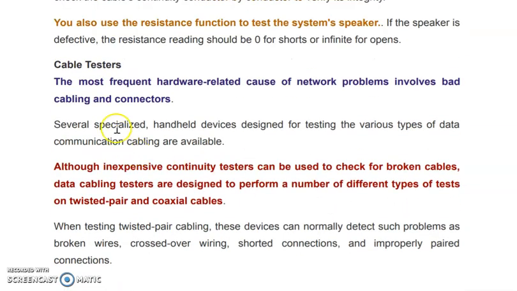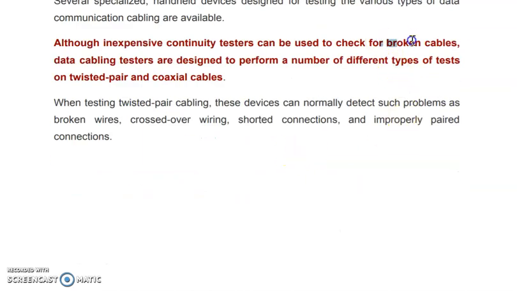Then the third tool we can say is the cable tester. The cable tester is for testing the cable, whether it is conducting data or power or not. It is used to identify where the cable is broken and at what point it is broken.